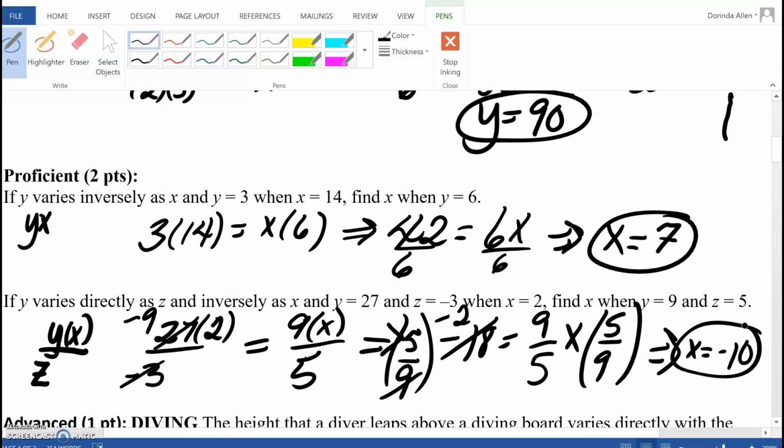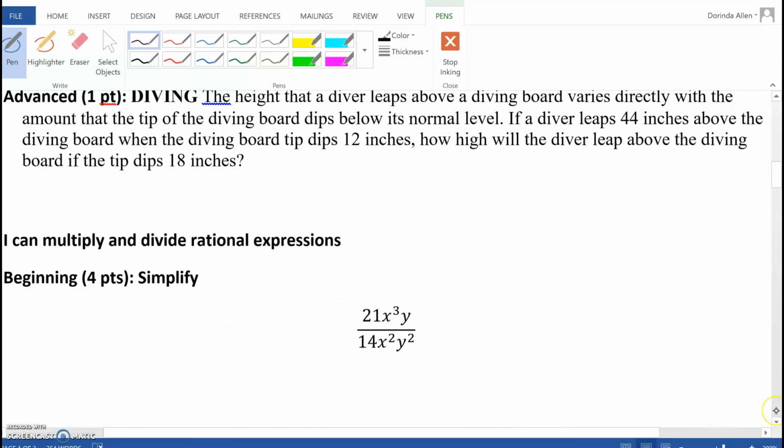All right, last one. The height that a diver leaps above a diving board varies directly with the amount of tips. So we've got our height varies directly as the tip of the diving board. So if we have a height of 44 inches and a tip of 12, what is going to be the height if it tips 18?